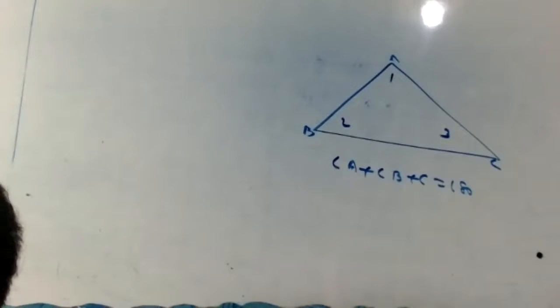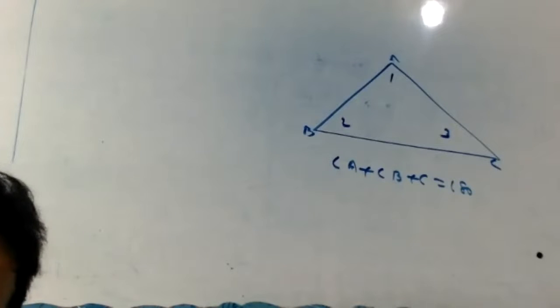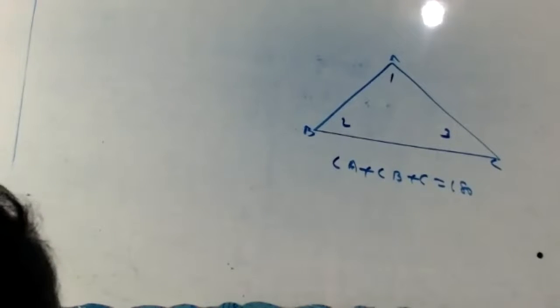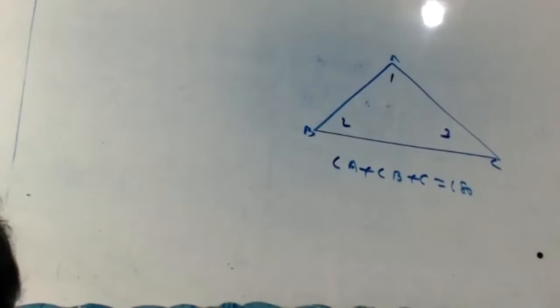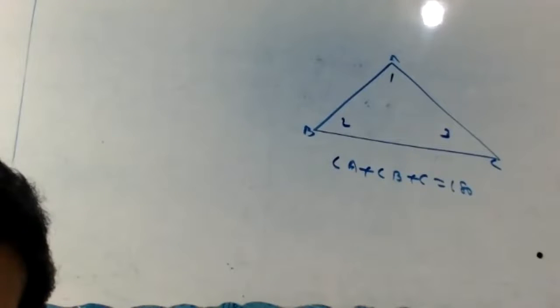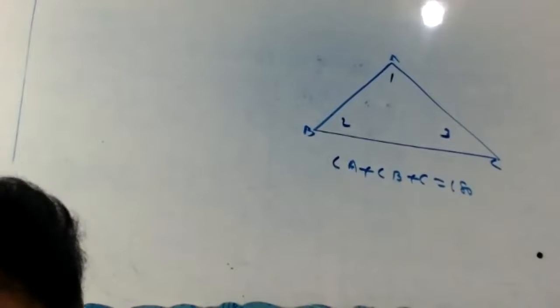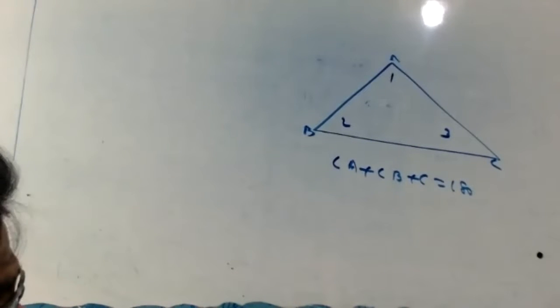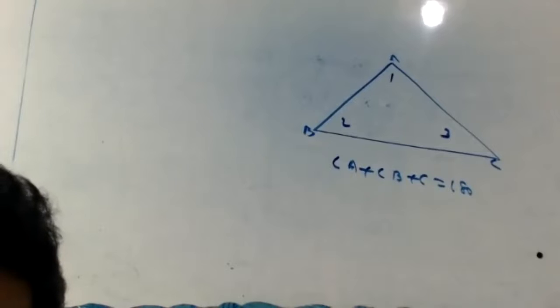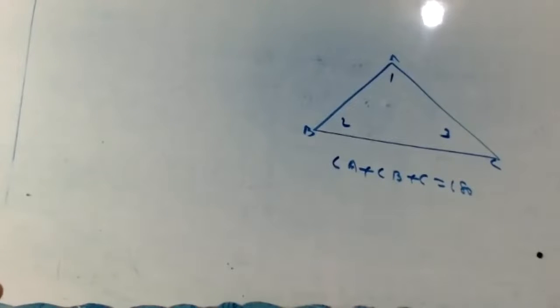Okay. So now listen here. Once again, our aim is what? Our question is to prove angle A plus angle B plus angle C is 180 degrees, or angle 1 plus angle 2 plus angle 3 is 180 degrees.